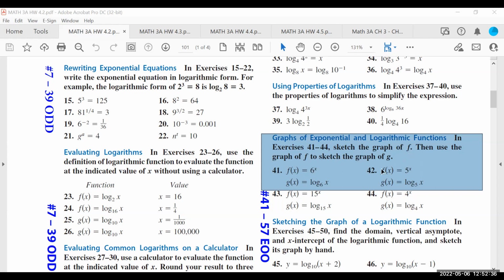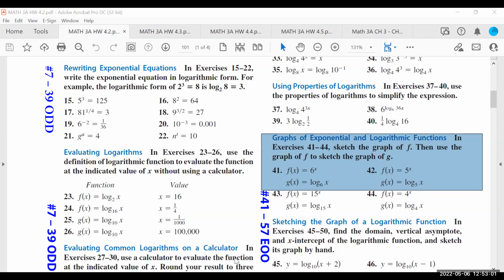Sketch the graph of the f function, 5 to the x, and then use that to sketch your graph for the g function. Because it's really difficult to plug numbers into a logarithm function because they don't come out as nice answers. It's hard to pick simple numbers to plug in, but 5 to the x will give you simple numbers out. So here's how it works.